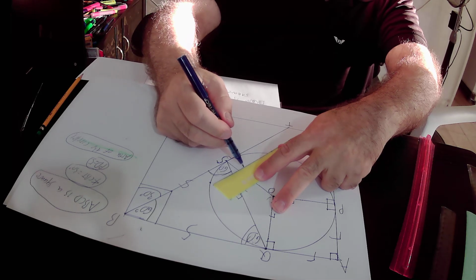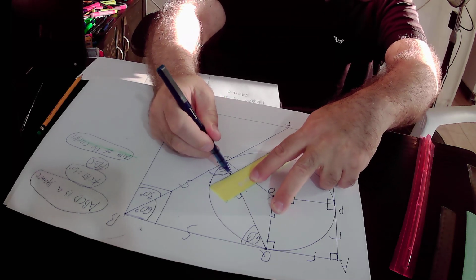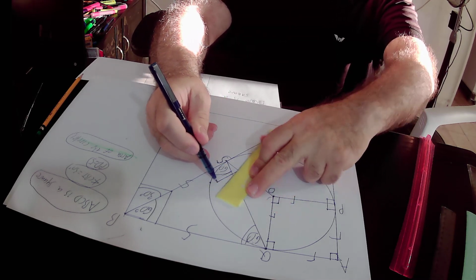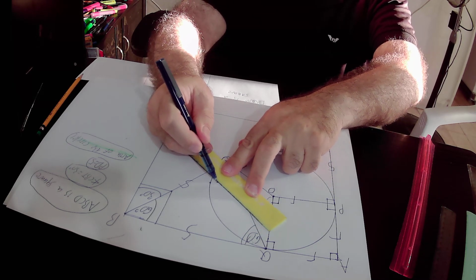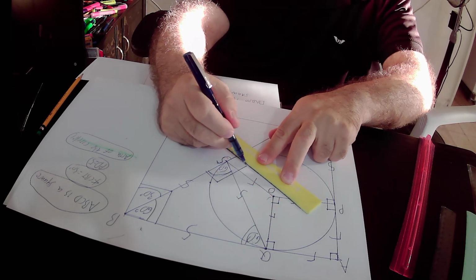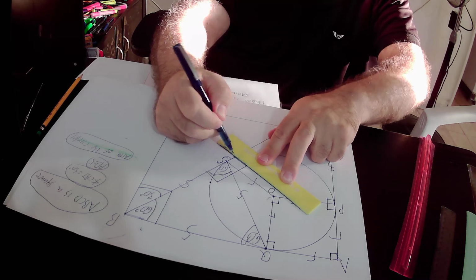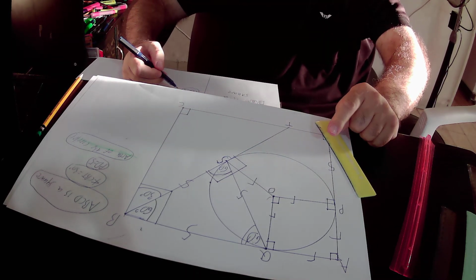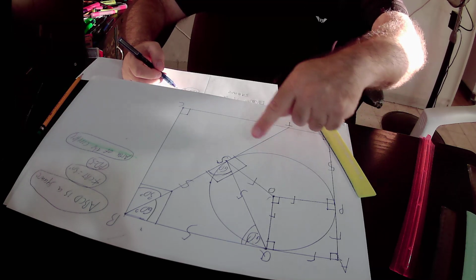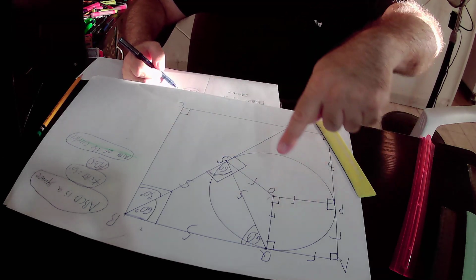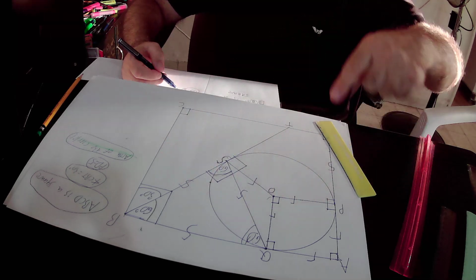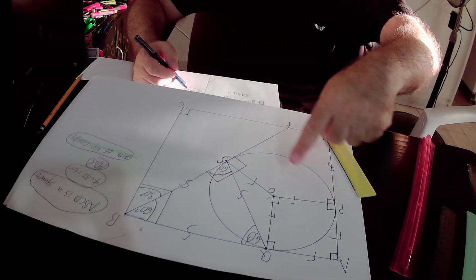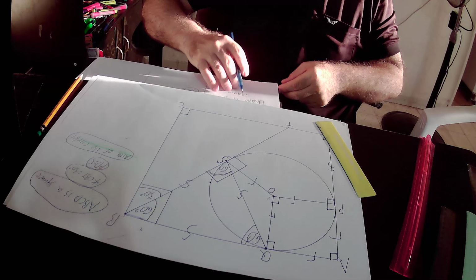Therefore, according to rule number 1, this angle will be equal to 90 degrees, and this angle will also be equal to 90 degrees. In the next step, I will copy quadrilateral OSBQ onto a new page and we'll analyze quadrilateral OSBQ.